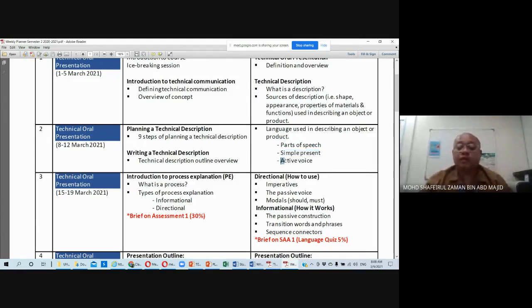Lastly, we are going to look at how you can use active voice when you are describing an object or a product. Basically, these are the things that we are going to learn for the second week of our entire 14 weeks of lesson.